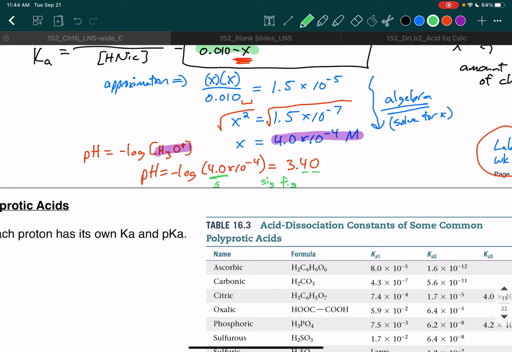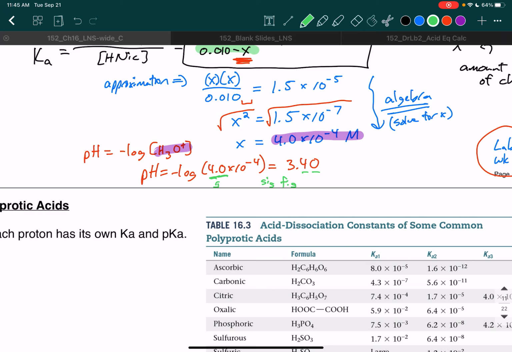If it is a multiple choice question that would require the use of the quadratic formula, then the approximation would not be used. Okay? So we'll talk about when an approximation is valid or not later. For us, for the test coming up next week, you don't have to worry about it. You can use the approximation for all of them. Okay.